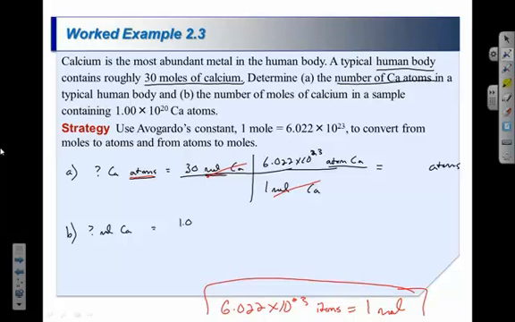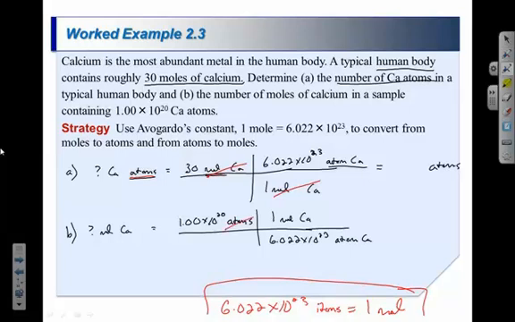If I know I have a specific number of tiny things, and I want to know how many moles that is, which is a very large quantity, I would use Avogadro's number, except in this case, I want to get moles of calcium, and I want to cancel the individual atoms. So I will flip the relationship. Anytime two things are equal, I can put either one on the top so that I get the undesired units to cancel.